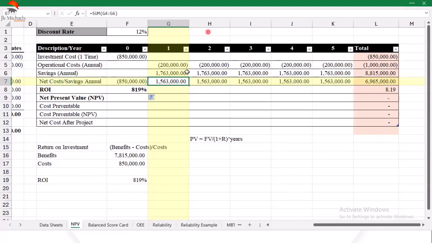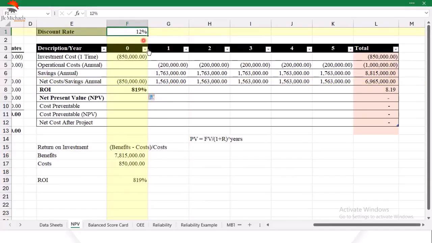So all of these monies we see, so we have 850,000, and then we have each and every one of these as our net savings. These are our net costs and these are our net savings. But when we apply the principles of NPV, each of these monies that are earned in future times will be deflated by the discount rate of 12%.